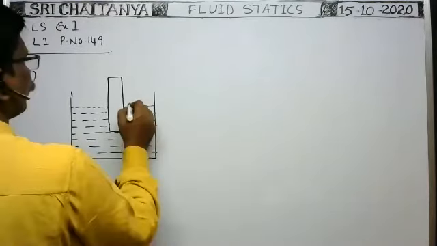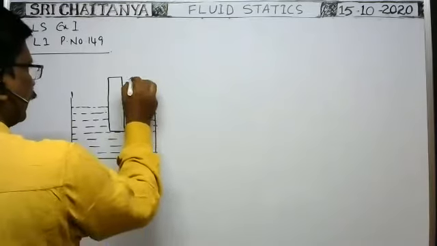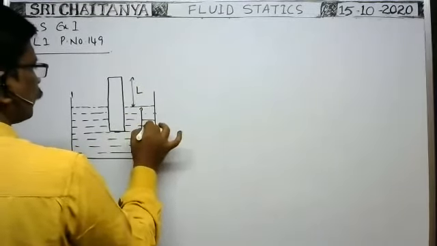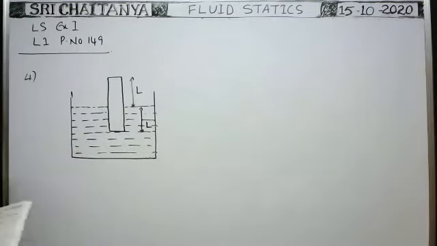When it is floating, the length of the candle above the surface of the water and below the surface of the water are both the same.